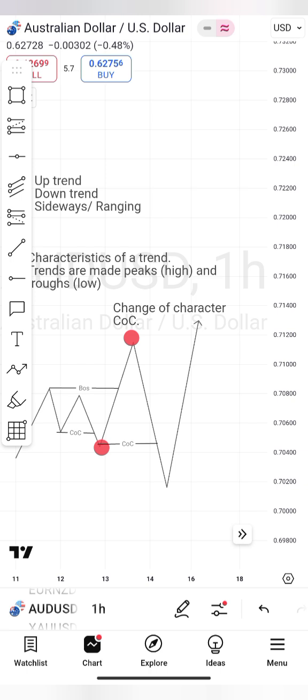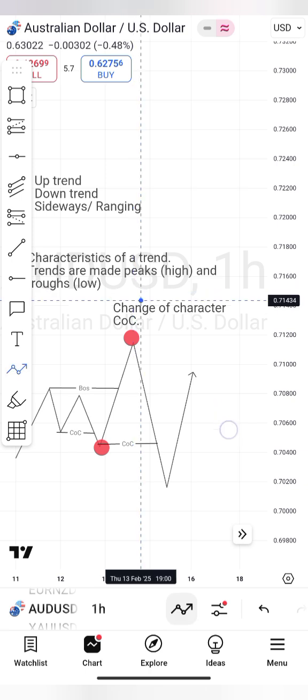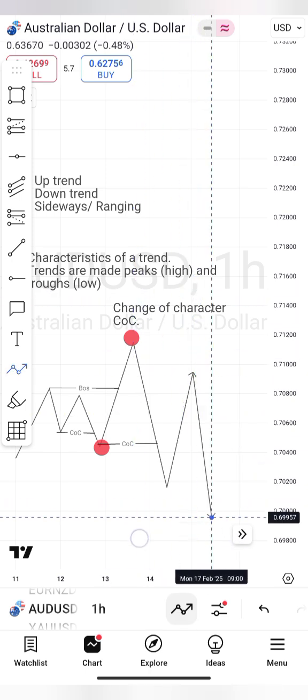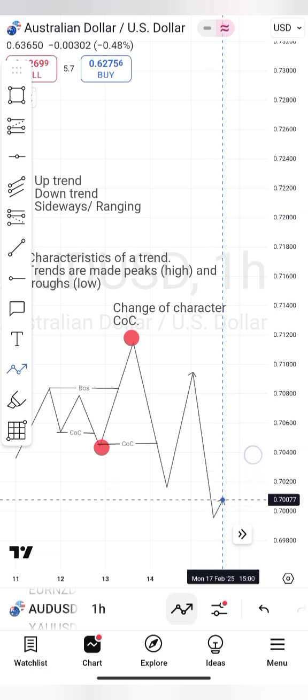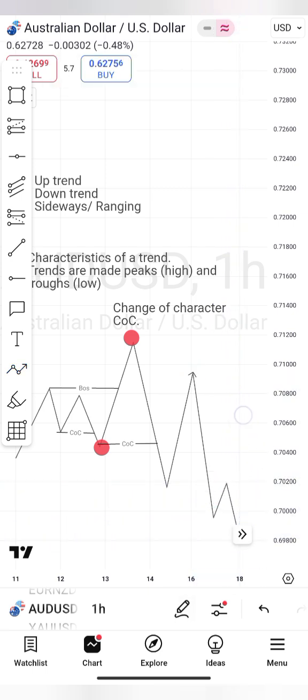You get? Now, what do you need to confirm that yes, we are now in a downtrend? After a change of character, you now get a break of structure in the direction of the new trend that you have spotted. Now you can say we moved from an uptrend to a downtrend.